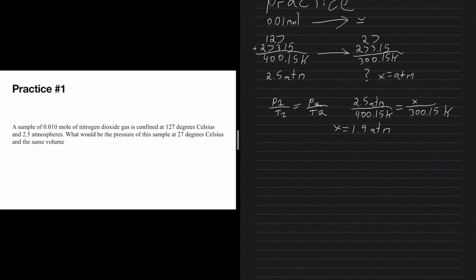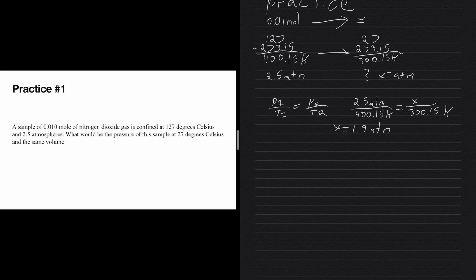Again, the significant figures is not the most important thing in ideal gas laws, but it's always important in chemistry, so it's always good to keep good habits. Okay, so a way to double check this, if you aren't sure, is you can go 2.5 divided by 400.15 Kelvin.